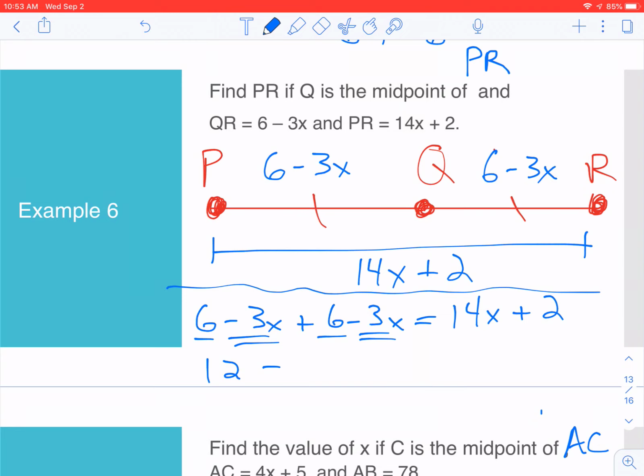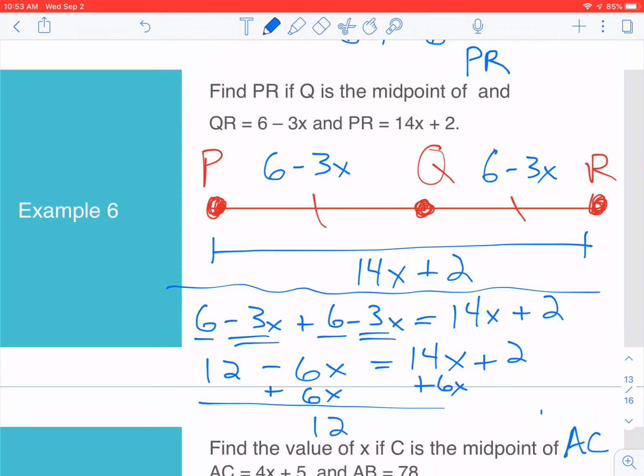Negative 3x minus 3x is minus 6x equals 14x plus 2. I'm going to run out of room. I'm going to add 6x. And so I get 12 equals 20x plus 2.